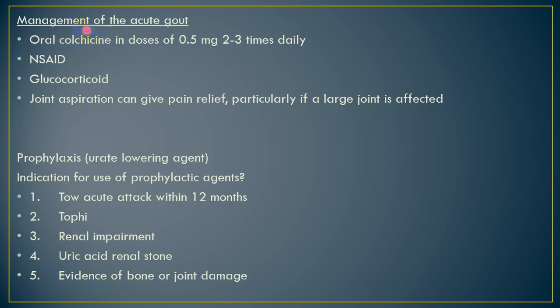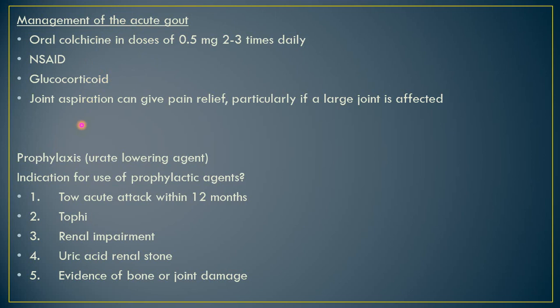If there is any contraindication or intolerance to colchicine, the next step in treatment is a non-steroidal anti-inflammatory drug, but these are less preferable because many patients who develop gout already have cardiovascular and renal disease that preclude non-steroidal use. Steroids can be used, orally or by injection, especially in patients with contraindication to other medication.